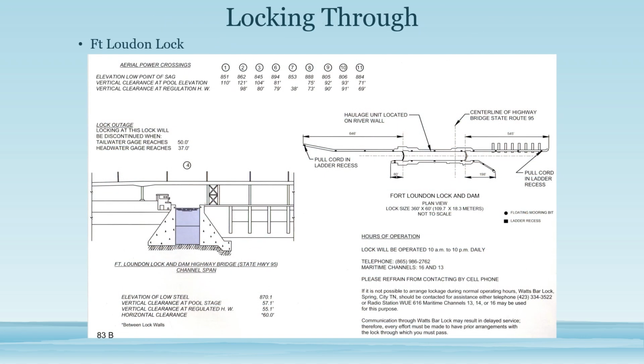For each lock, there is a pictorial diagram with factual information about the lock. Locking through is not difficult when you know what to expect, and it can open new river sections for you to visit.